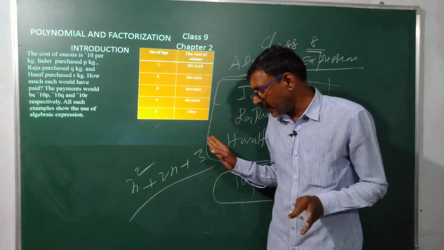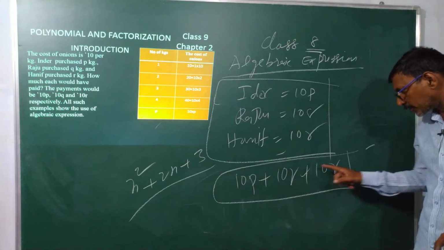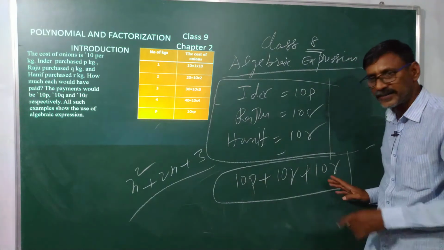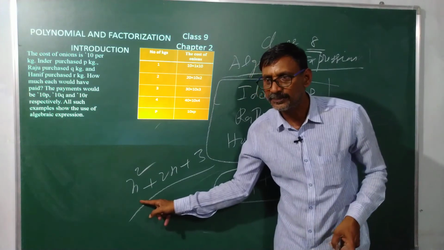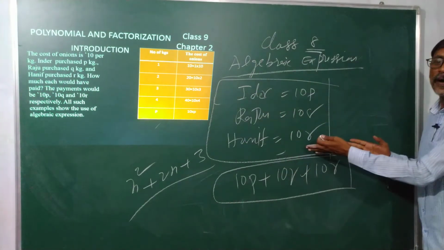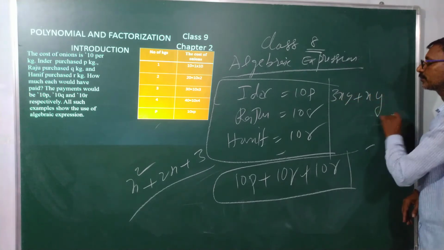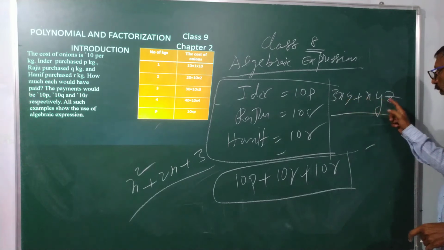So we can see by these examples here p, q, r are three variables. But here we have only one variable. Here we can write so many expressions, 3xy plus xy, xyz. See here, xyz.